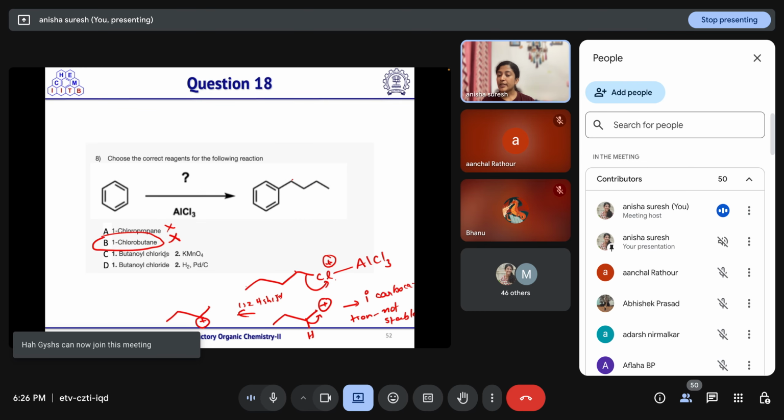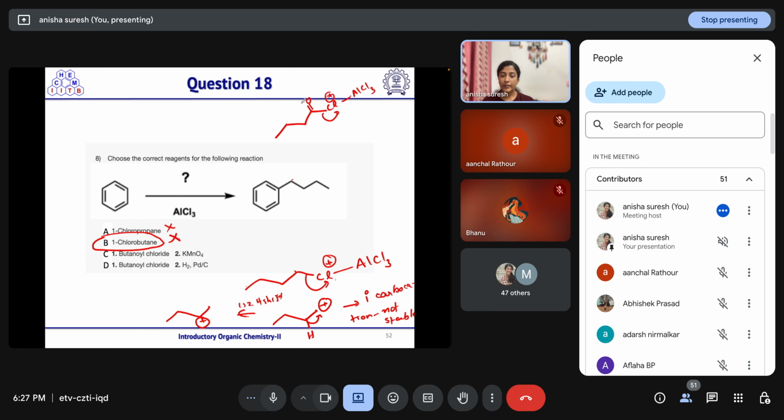Now if we are treating with butanoyl chloride, that is 1, 2, 3, 4, double bond O, Cl. This is butanoyl chloride. So a Friedel-Crafts acylation reaction possibility is there now. So what will happen? It will coordinate with AlCl3.